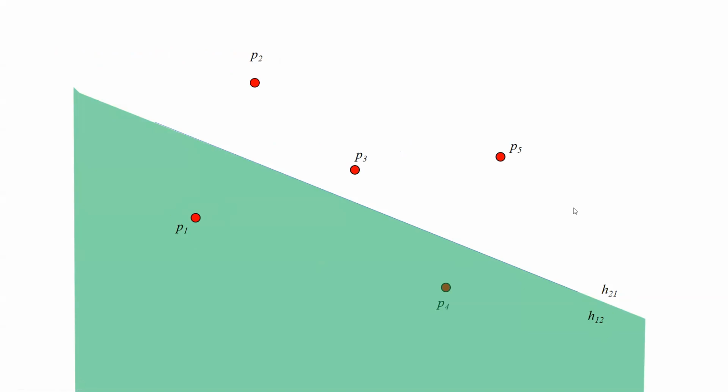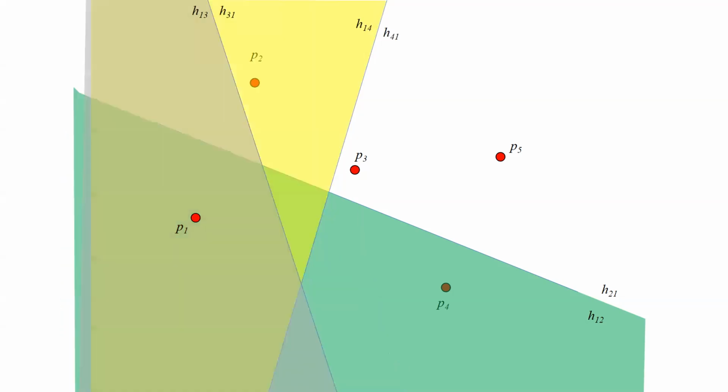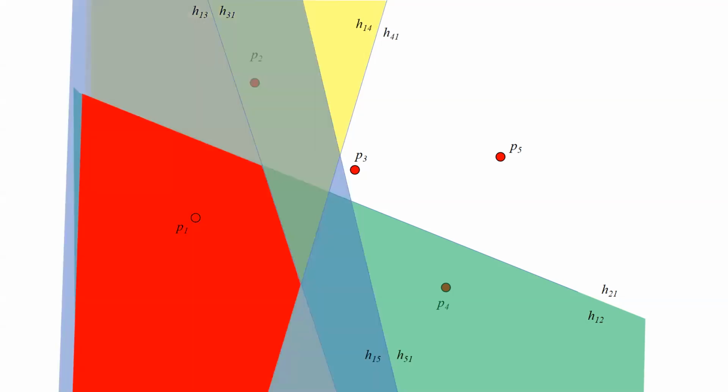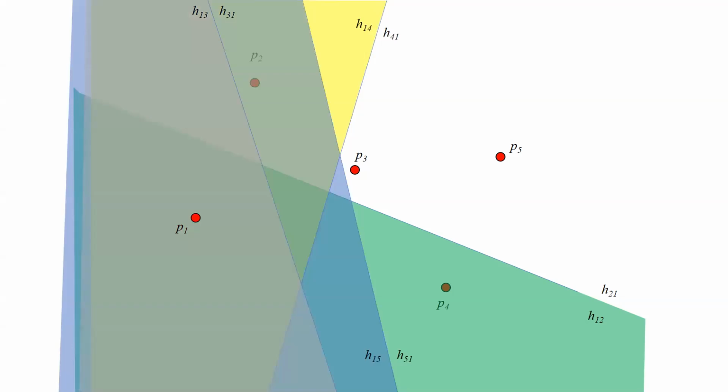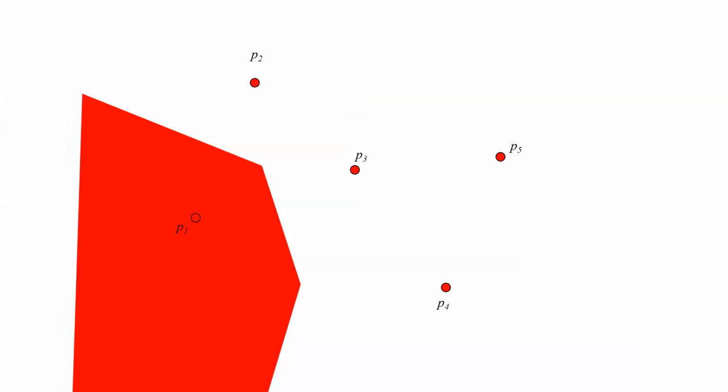And now I have H13, and this H14, and this H15, and so on. So this red region is the intersection of all half spaces. Then I will just take that out. That will be my Voronoi region of 1 point, which is P1. And I just repeat the things for P2 and P3 and so on, and that's all the Voronoi regions.